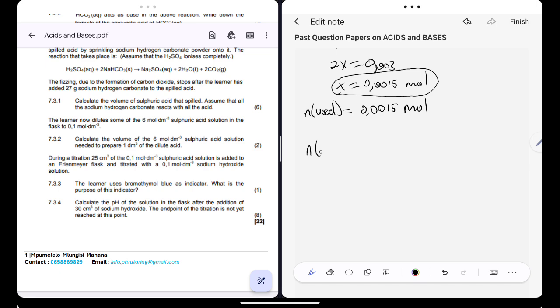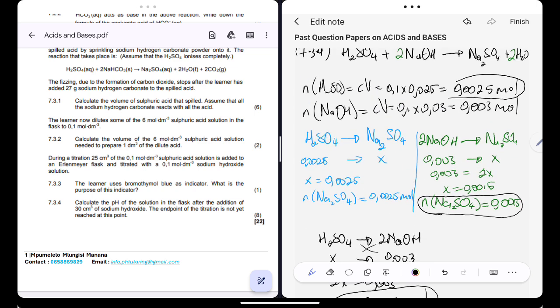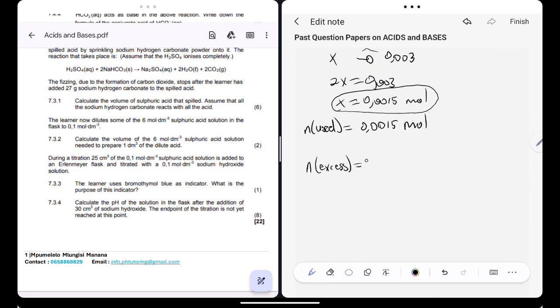So the number of moles of the acid in excess is simply the initial number of moles. Remember that initially we had 0.0025 minus the used amount of moles, 0.0015.